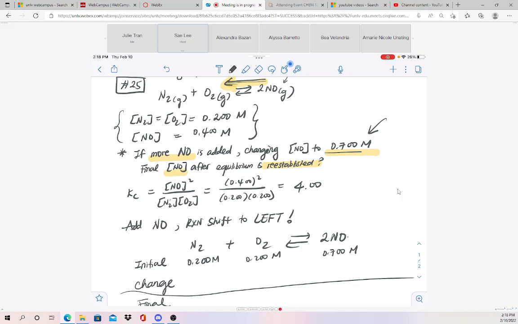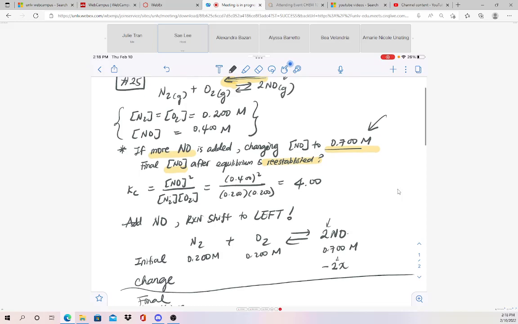Now that the reaction is going to the left side, you are actually depleting the nitrogen oxide. So the change here is going to be negative 2x, the coefficient. And because the reaction is going to the left side, you are making more of the nitrogen and oxygen. So the change for these two molecules is going to be positive. You're generating them. Positive x, positive x.